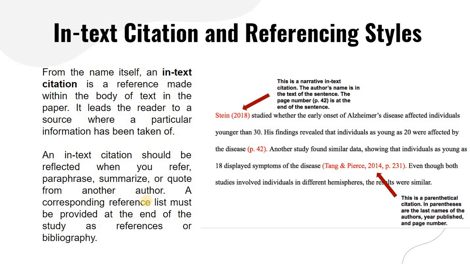Okay, ito naman kapag multiple, parenthetical citation, kapag multiple last names, and then year published, and page numbers. Pwede naman ganito, Stein. Kaya yung 2018 lang ang nilagyan mo ng parenthesis is because Stein here sa pagkakasulat is a part of the statement.